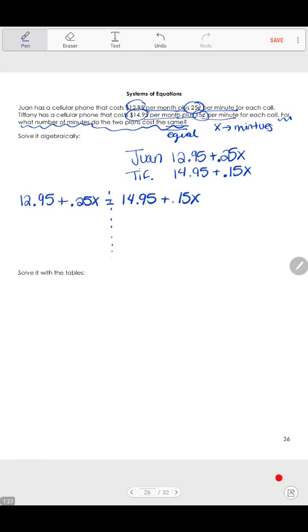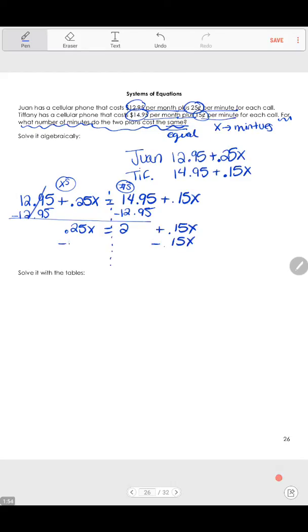And now we just have a regular equation. So I want to get x's on one side and numbers on the other. So I'm going to start by moving this number using my inverse operations, and bring down everything else. Now I'm going to move the variable by, again, doing inverse operations.